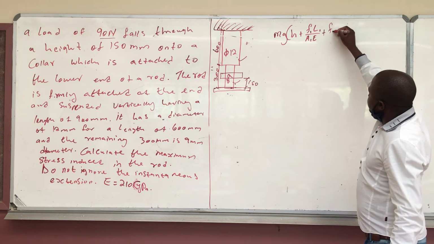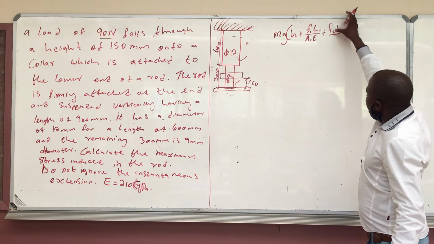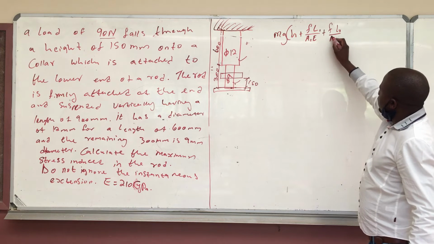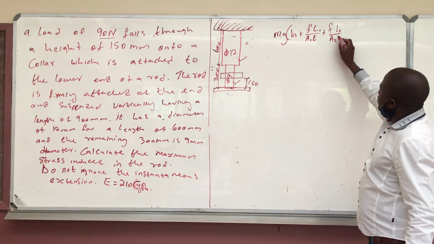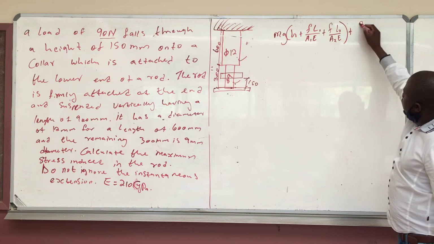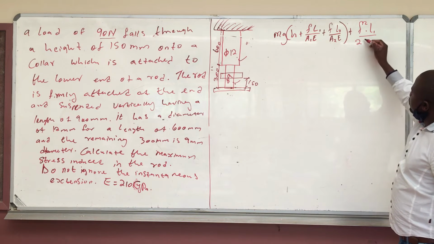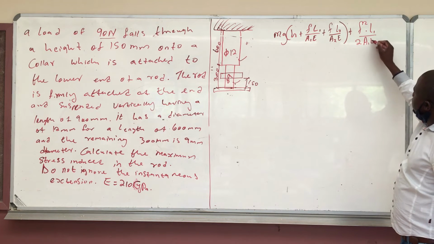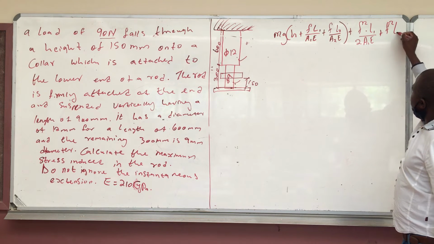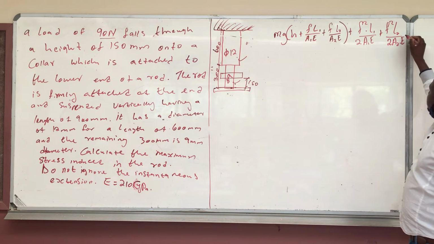Plus F2 L2 over A2 E. Even if I did not indicate 1 or 2, F is the same. Plus F square L1 over 2 A1 E, plus F square L2 over 2 A2 E. Did I write it correctly?